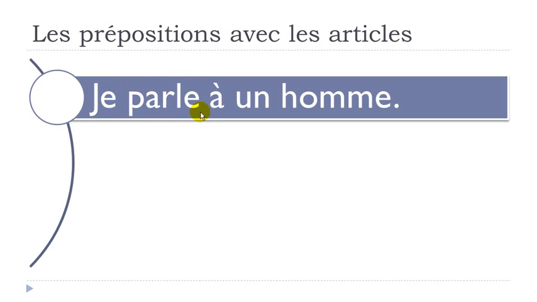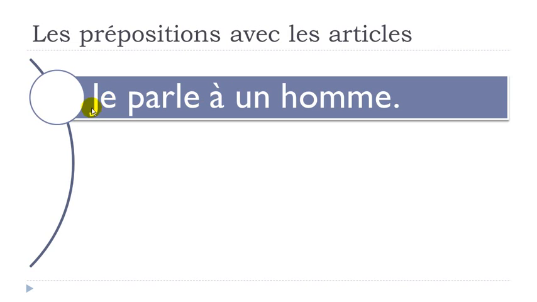You can use it with the preposition à, to talk to. And it's also possible to use it with the preposition de, to talk about something. That's the reason why I wanted to use this verb, just to show you that it's possible to use two prepositions if you want to express something different, and then just to see how it will change if you put an article after that.